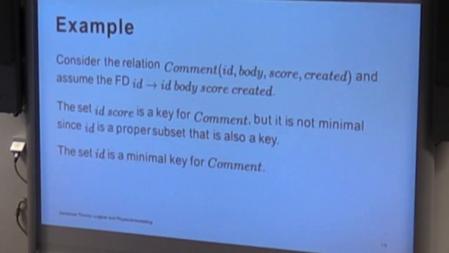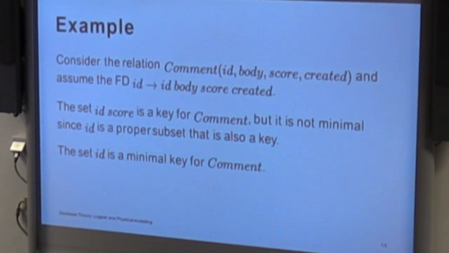So this is what I told you earlier. You will probably find out that ID is a key. And the case here is that what ID is determining is the entire set of that comment attribute.